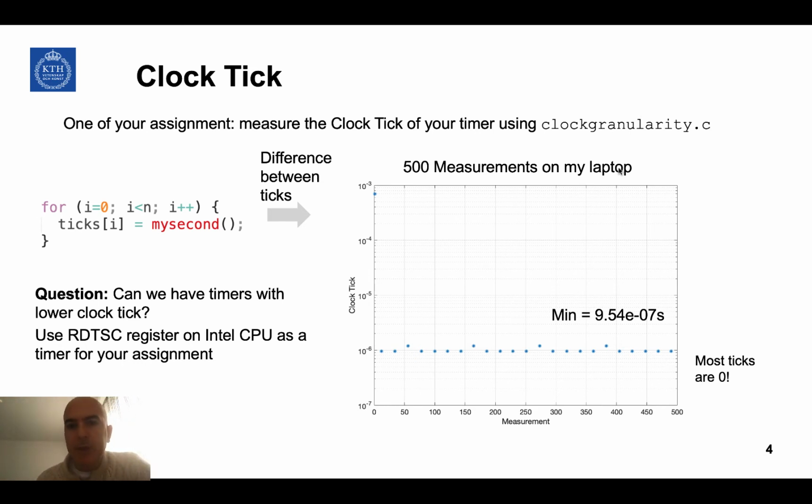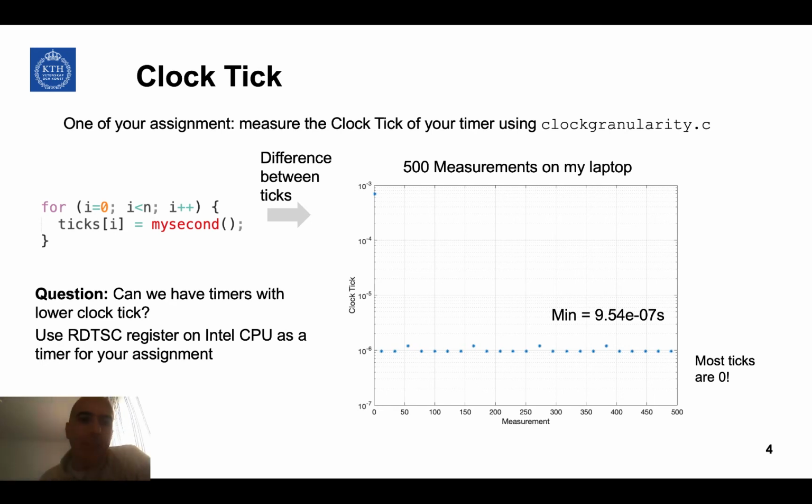In this particular case, I ran the code on my laptop. I did 500 measurements, and the granularity of my timer on this laptop is roughly 10 to the minus 6. So one question we have for your assignment is: can we do better?